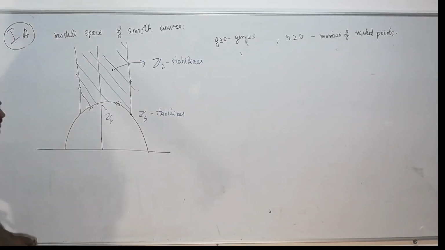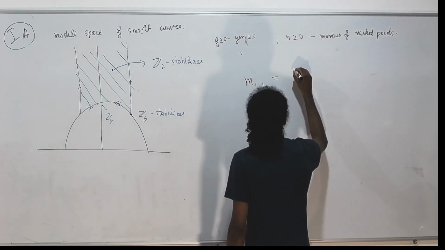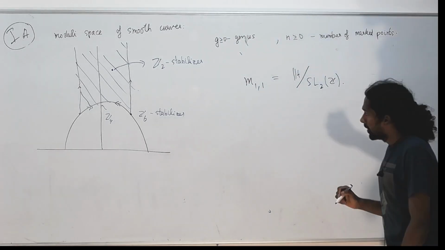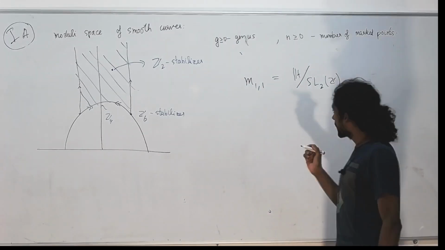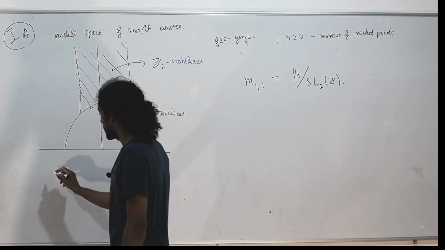So just write it down, M11. It's actually just the upper half plane quotient by SL2Z, and it's not compact. Well, MGN in general is not compact.